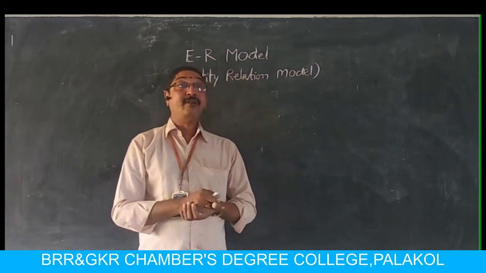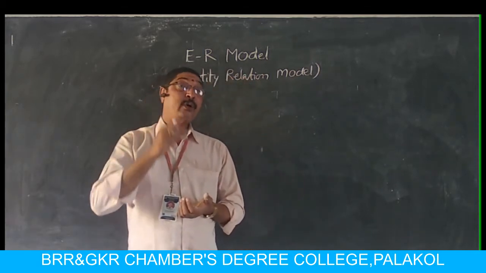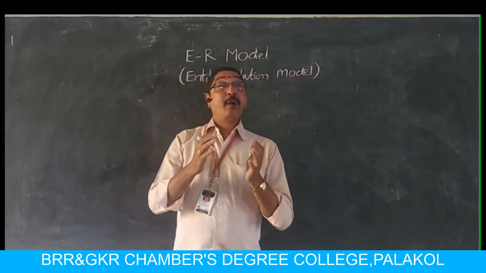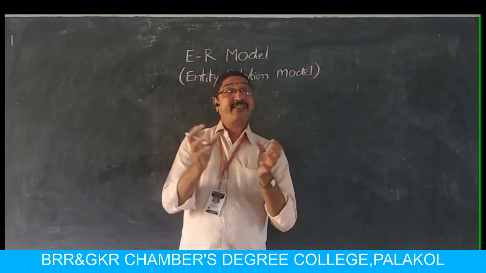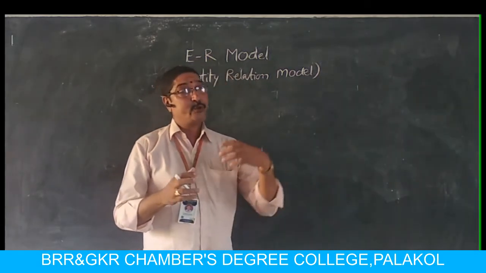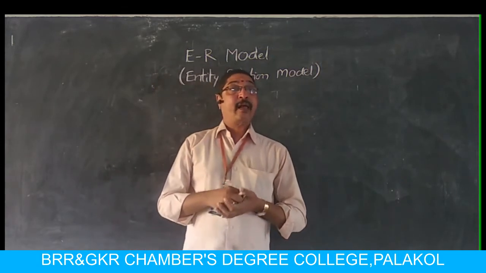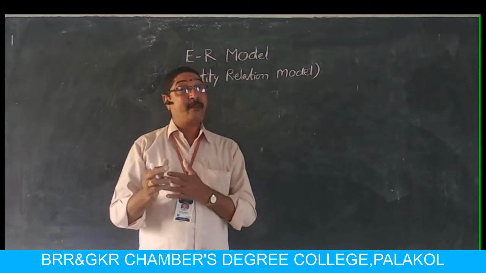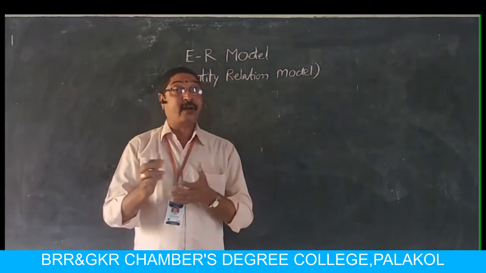Like that, in every system, we'll have so many entities. We must be able to show the relations between these entities because a system consists of so many entities, and the relation between these entities must be established and represented graphically.